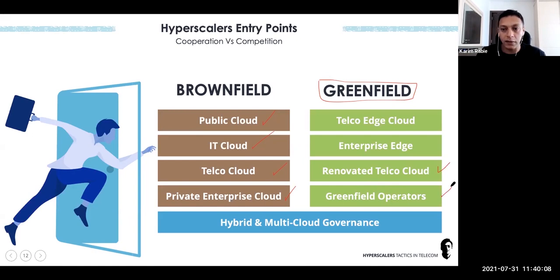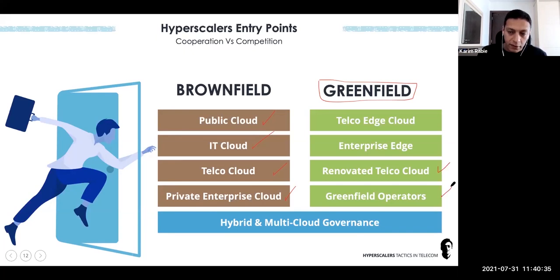Dish has picked AWS to be the cloud platform hosting all their core, edge and O-RAN, with functions from Nokia, if I remember well. So greenfield operators go for the hyperscalers, and there is a point here that we will see in the advantages of the hyperscaler and the threats.